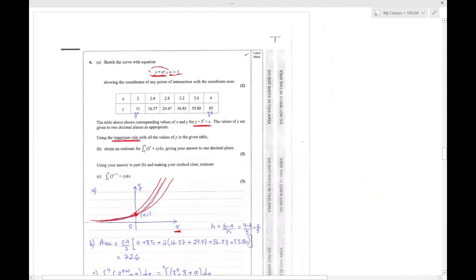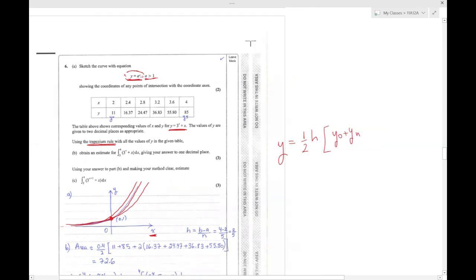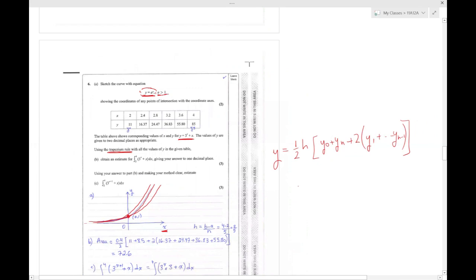As I remember, the area is equal to half h into y0 plus yn plus 2 times y1 plus etc. till yn minus 1. I think this is the formula. I will double check. Now, what's h? h is equal to b minus a over n.